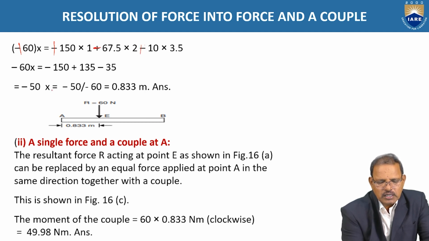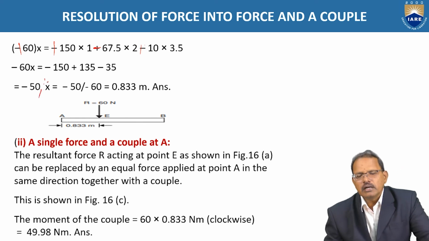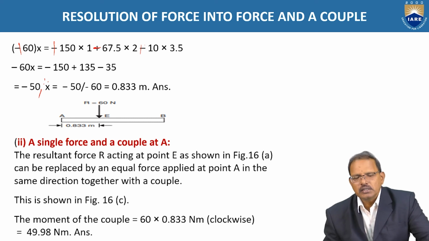From this relationship we got 60x is equal to minus 150 plus 135 minus 35, which is equal to minus 50. Therefore, x is equal to minus 50 by minus 60, which is equal to 0.833 meters.